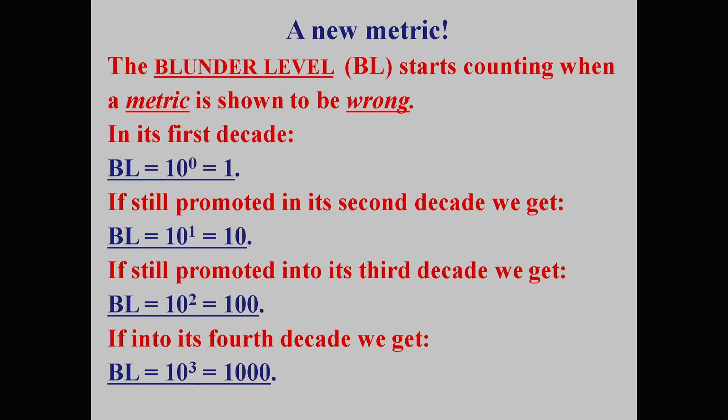I've been talking about R factors. I didn't even touch upon the EM factors. But if somebody shows that something is mathematically wrong, then we make that blunder factor here. We start off with 10 to the power 0, which is 1. If the person still continues to promote a false metric, in the second decade we have a 10 here.